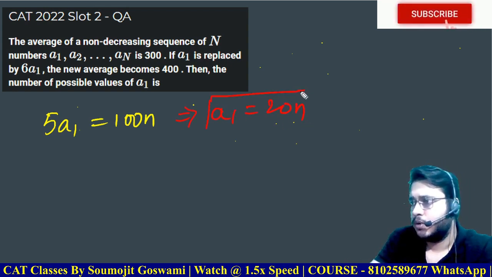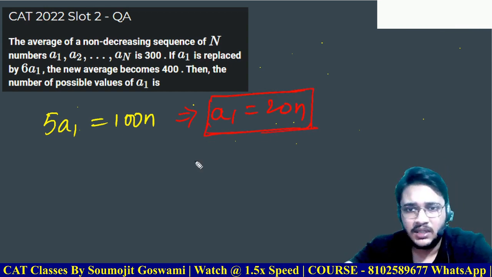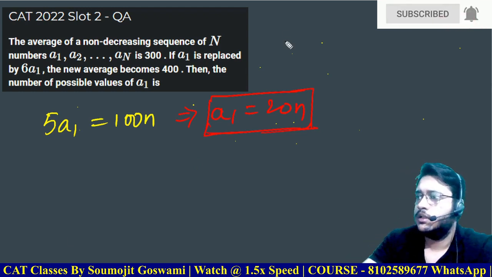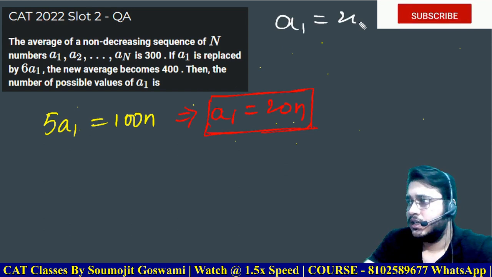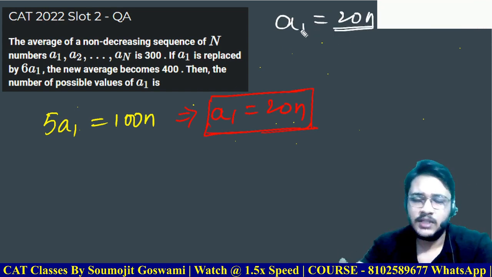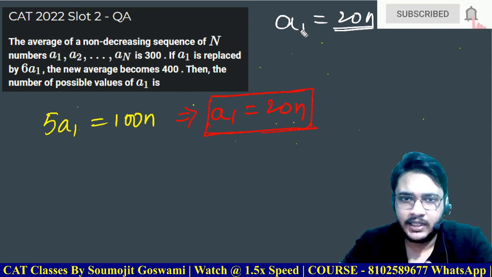Now this is very important. This basically tells you the value of the first term, a1 is 20n. It also means that all the other terms, a2, a3, a4, a5, can also be 20n or a little more than 20n.